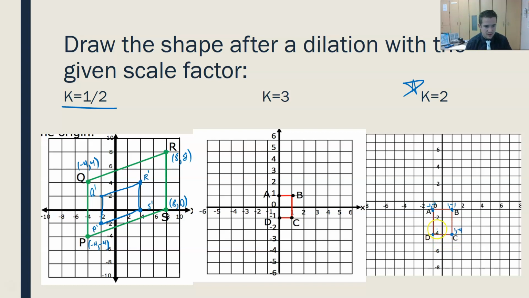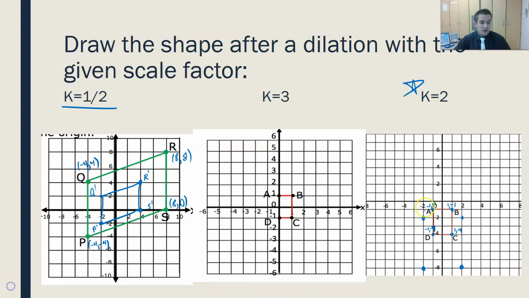This point right here is -1, -4. You see that okay? So I'm going to multiply each of those points by 2. So 1, -1, that's going to turn into 2, -2. -1, -1, that's going to turn into -2, -2. 1, -4 is going to turn into 2, -8. And -1, -4 is going to turn into -2, -8.